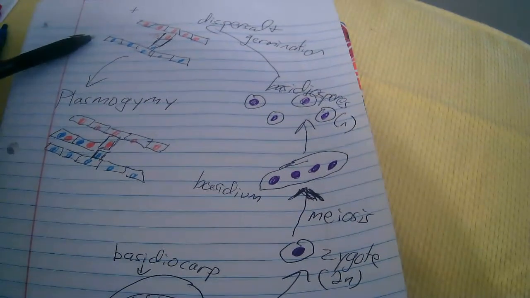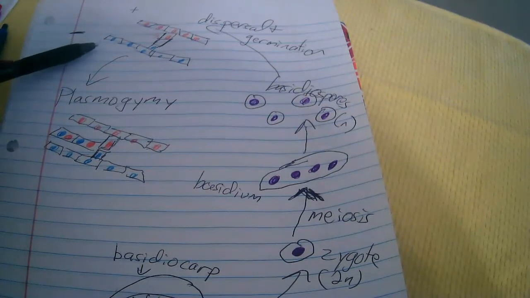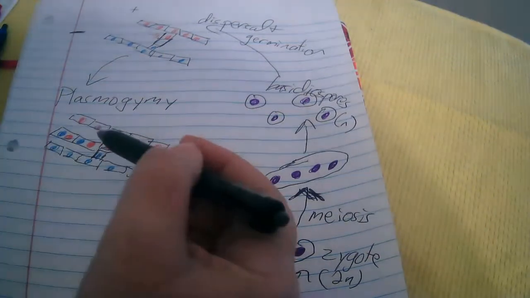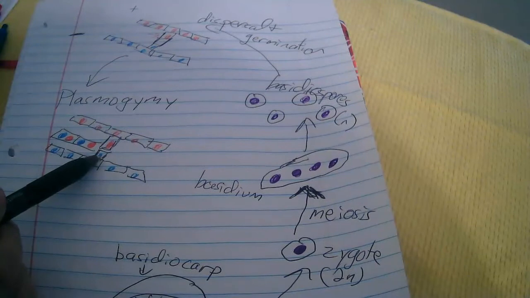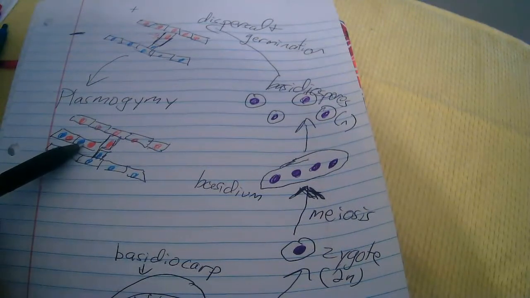We represented the positive with the red nuclei in the cells. The cells just grow into thread-like structures by dividing right next to each other. And you have 2 cells that end up fusing and forming, this is called plasmogamy, forming individual cells with 2 nuclei.